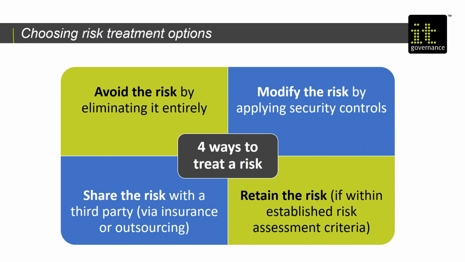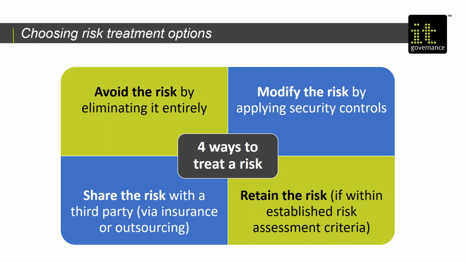Share the risk. Well, actually sharing the risk through insurance or through the supply chain, that indeed in 27001 parlance, when you think about control category A15, supplier relationships, that is again applying controls effectively, or can be. And retaining the risk, recognizing the risk and knowingly accepting it.